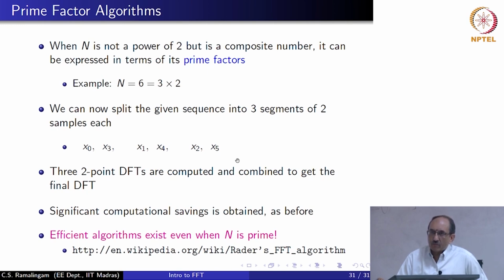So people have squeezed every last bit out of the FFT algorithm and made it as efficient as possible. And this is really the reason why signal processing is what it is today. If this algorithm did not exist, then we would not be seeing the proliferation of digital devices that we are seeing today that require filtering and correlation all the time. Okay, so with this we come to the end of this course.